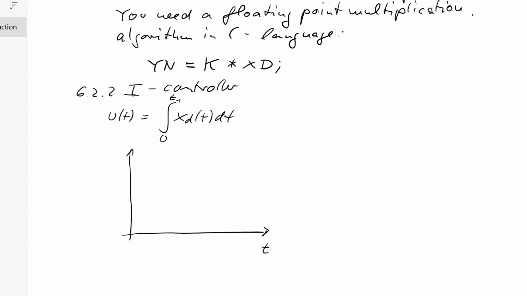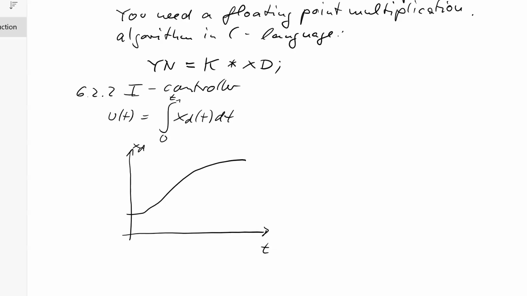Horizontal axis is t and vertical axis is xd, and we assume that we have a continuous curve of my control difference signal.